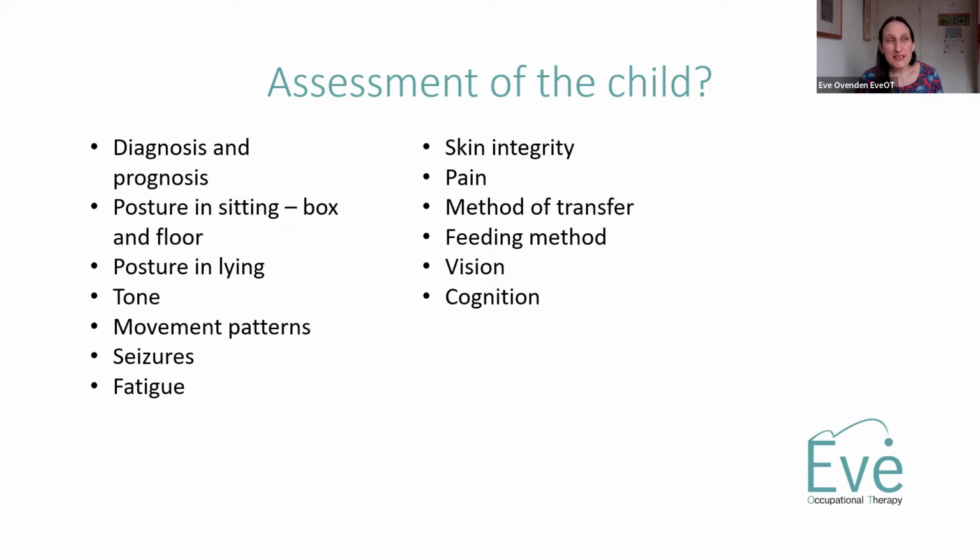Vision's also important to think about what the child can see from where they're sat, and making sure that people can get objects that they're playing with or they're caring nice and close to them if needed. And also the child's understanding of what they're able to understand and bring to being positioned in the seat.